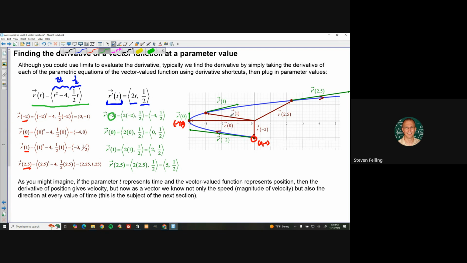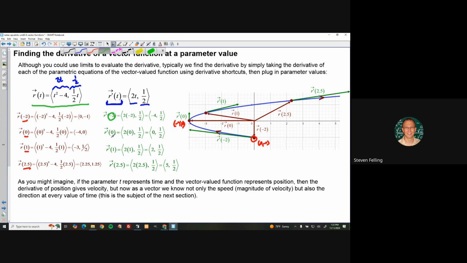So that means if I'm at the location where t is -2, the tangent vector is always graphed from the object, so we would go -4 in the x direction and 1/2 in the y direction. So it's a quite long green vector here. And that's telling me not only the current direction, because it's tangent to the curve, this is at this instant the direction of motion, but the length of this vector, the magnitude, tells me how fast the object's moving.